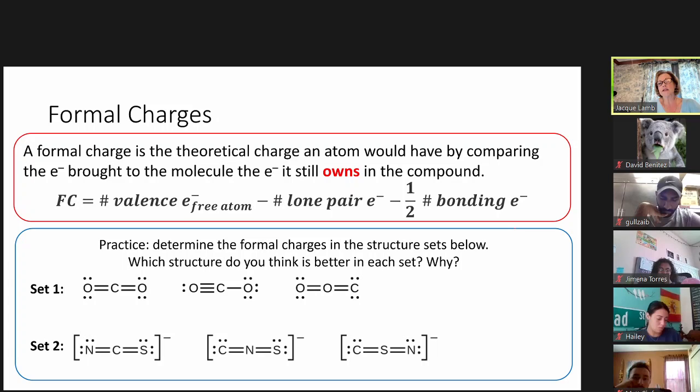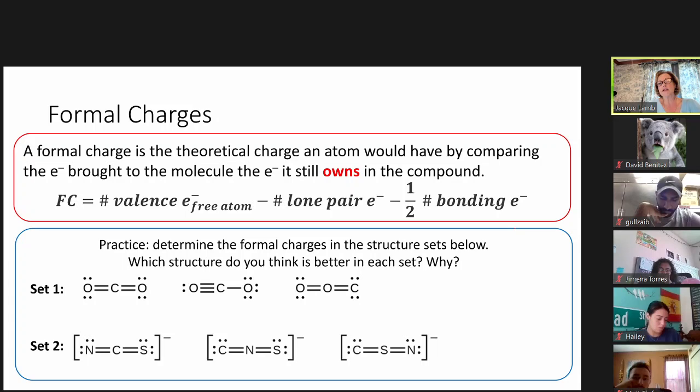We'll start with the carbon here. Carbon brought 4 electrons with it. It has no lone pairs, but we take 1/2 of each bonding pair. So 1/2 of each of those 4 dashes. So it's 4 minus 4. So it has a formal charge of 0.